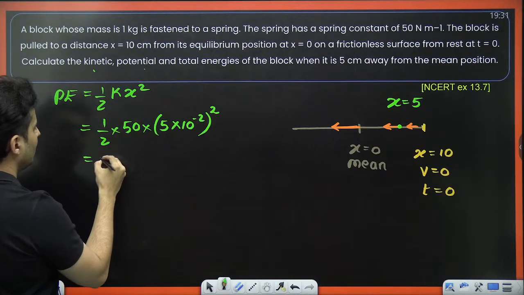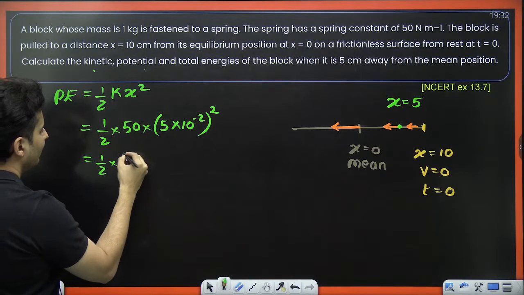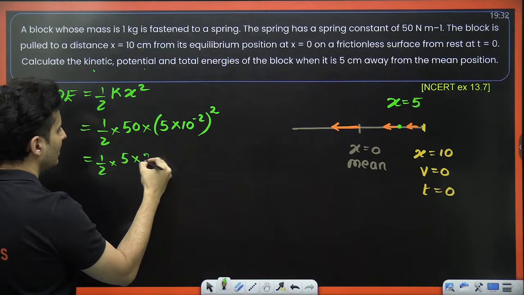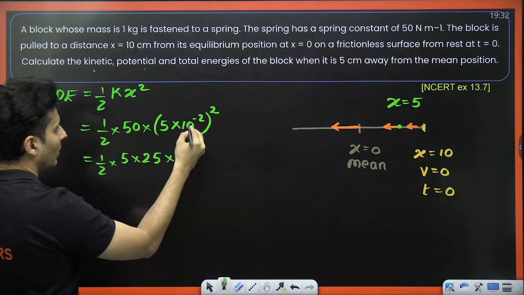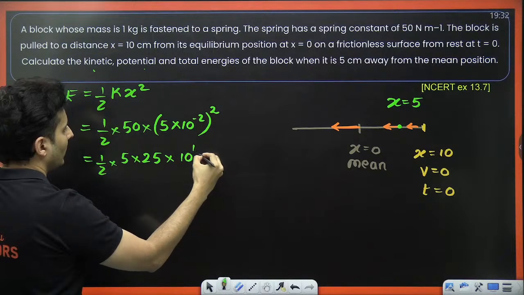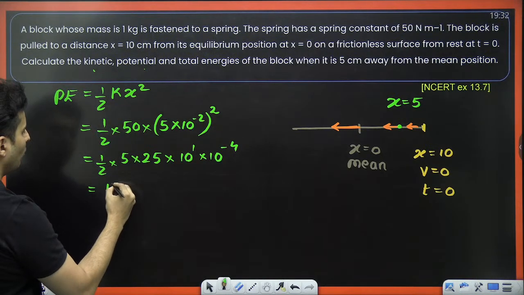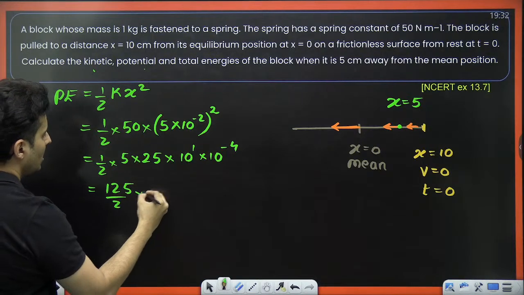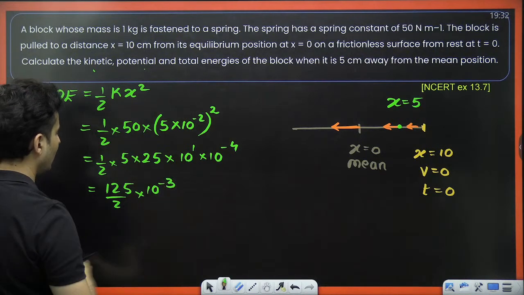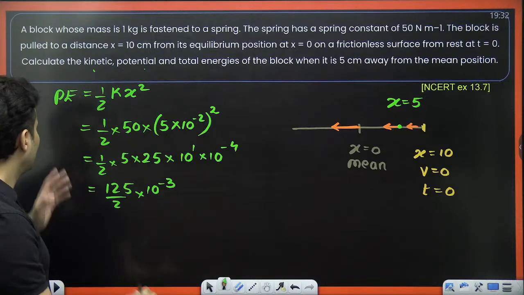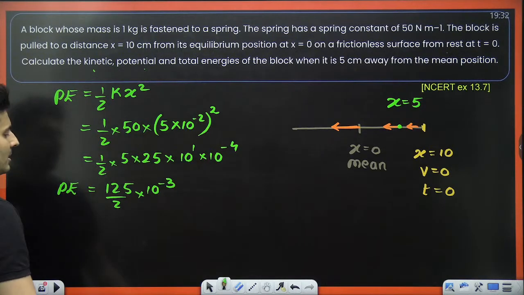So this will make it half into 5 into 5 square is 25, into 10 to the power minus 4. So this will make it 125 by 2 into 10 to the power minus 3. Right? Everybody with me? So that is your potential energy.